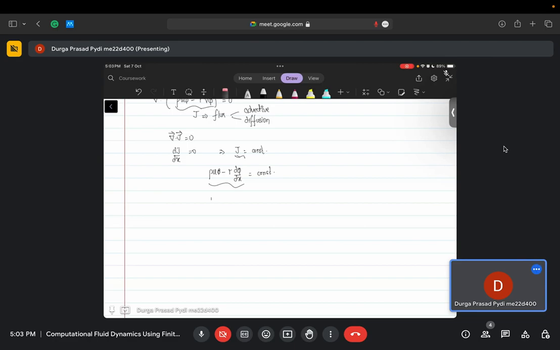In the one-dimensional case, the solution for phi essentially follows. So we don't have the constant term to be 0.